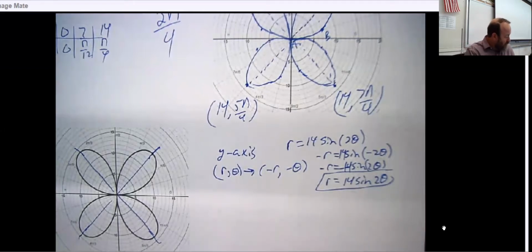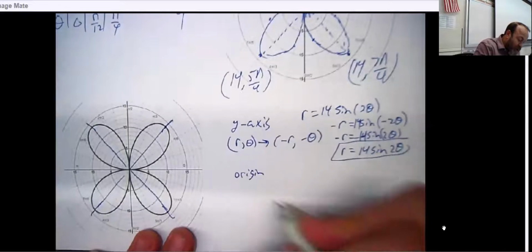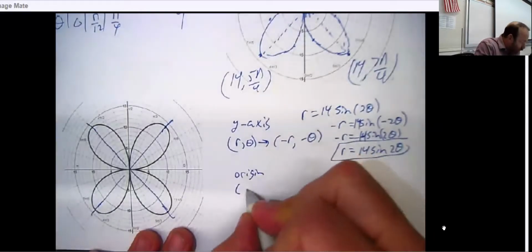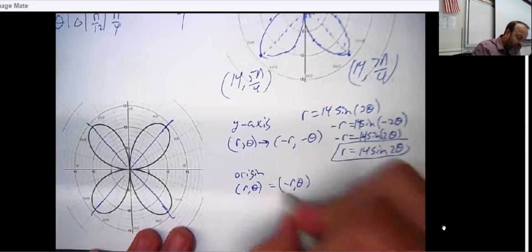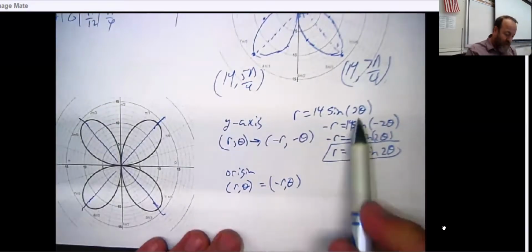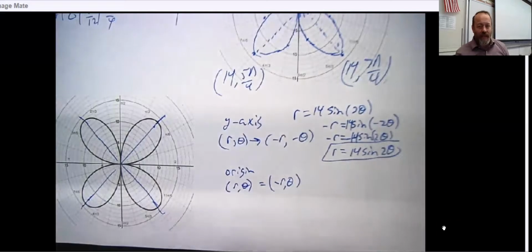Now, here's where it gets a little bit hard to do: I'm going to show you origin symmetry. We're going to look at origin. Now, origin has two ways. So one way is if you replace r, theta with a negative r and a theta. Now, that's going to be a problem because if I leave theta alone and I replace r with negative r, that's not going to do anything.